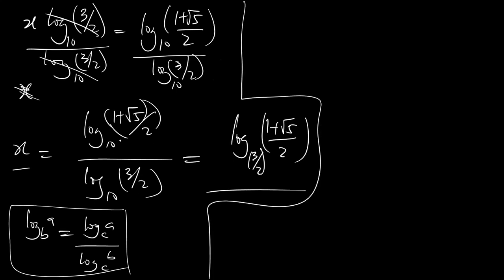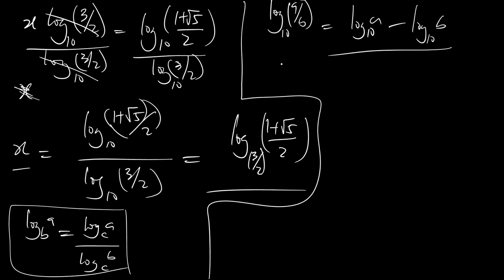Also in this form, you can rewrite it: log a all over b base 10 is the same thing as log a base 10 minus log b base 10. So we can still write this in this form.